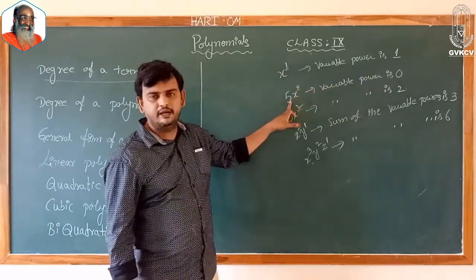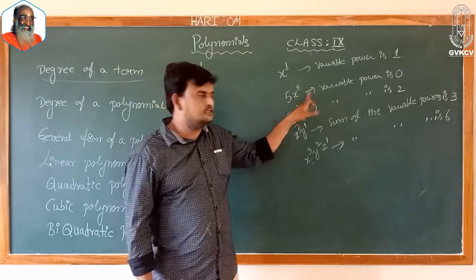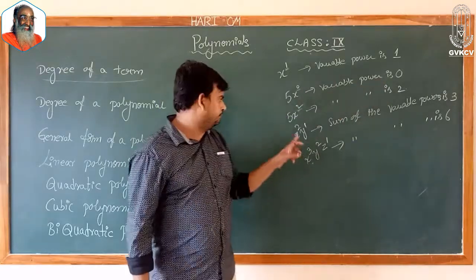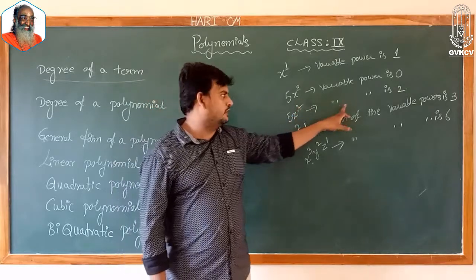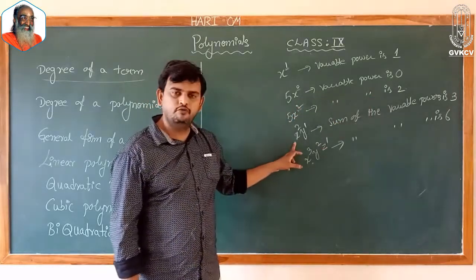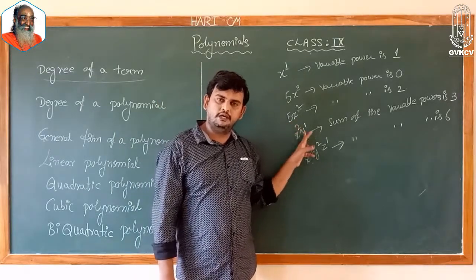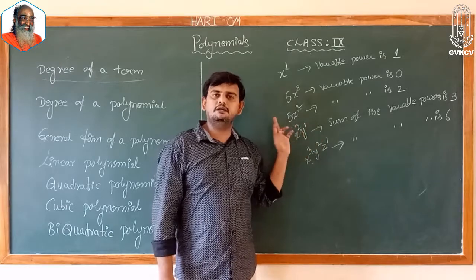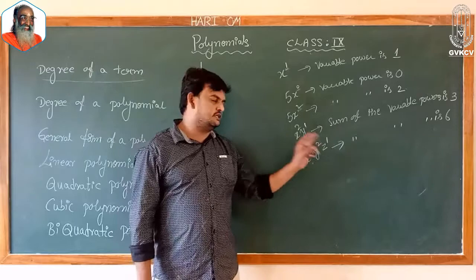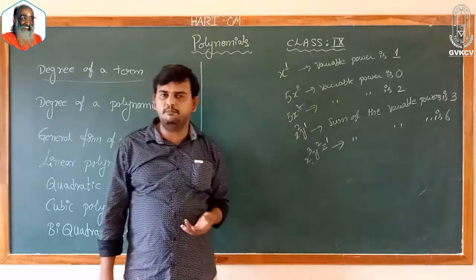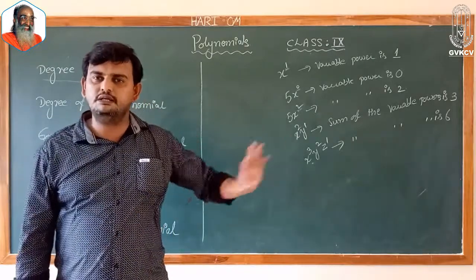Here 5 is a constant, means there is no variable, so its power is 0. X square, the power is 2, so variable power is 2. Here I have two variables, x and y, so I find the sum: 2 plus 1, 3. Here I have x, y, z, 3 variables, each having a power, and the sum of the 3 powers is 6.